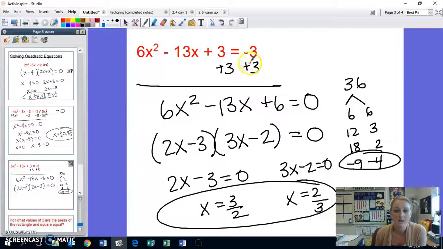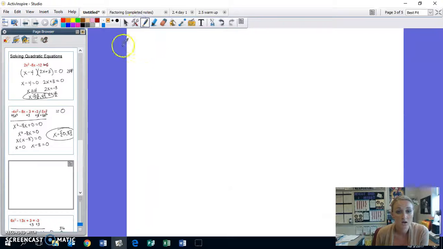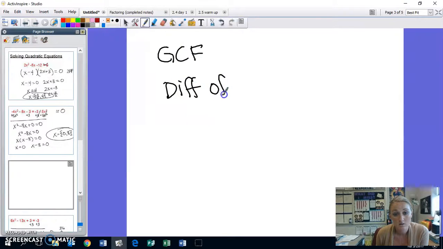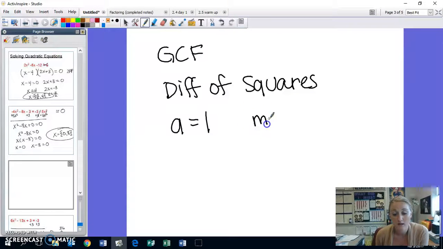So these are the basic ways to solve a quadratic equation with factoring. You're still going to use the factoring rules that we talked about before. Don't forget that there is GCF. You have the difference of squares. When a equals 1, remember that you find factors of c that add to b.